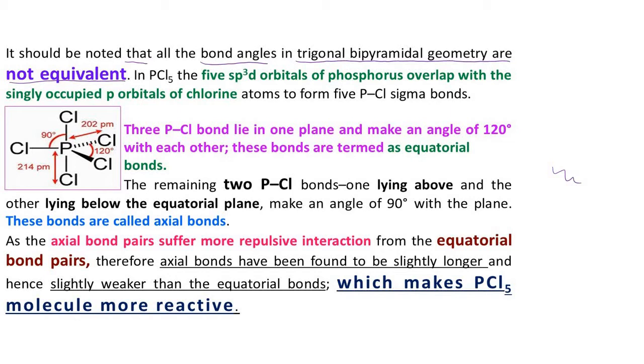In PCl5, the 5 sp3d orbitals of phosphorus overlap with the singly occupied p orbitals of chlorine, which is the 2pz orbital of the chlorine atom, to form 5 phosphorus-chlorine sigma bonds.